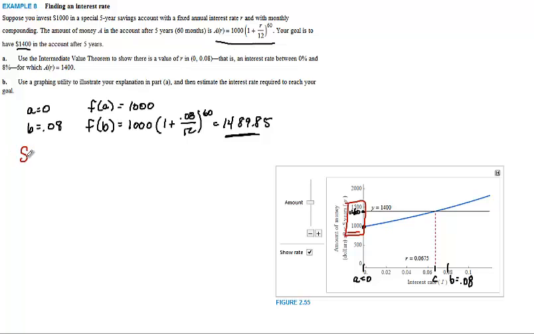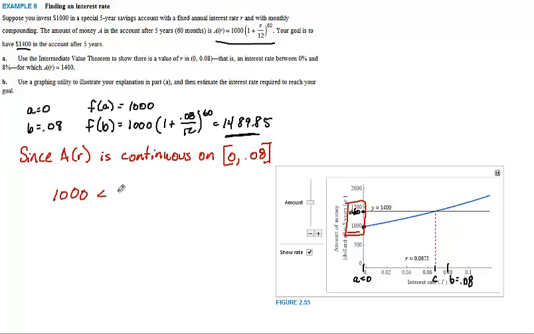So since A of R is continuous on 0 to 0.08, then we know, seeing as we have found f of A and f of B, that we can write it as 1,000 is in between, and 1,400 is in between 1,000 and the 1489.85, which is A sub 0, A sub 0.08.